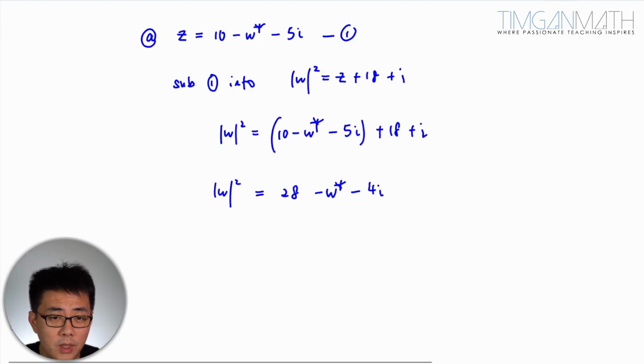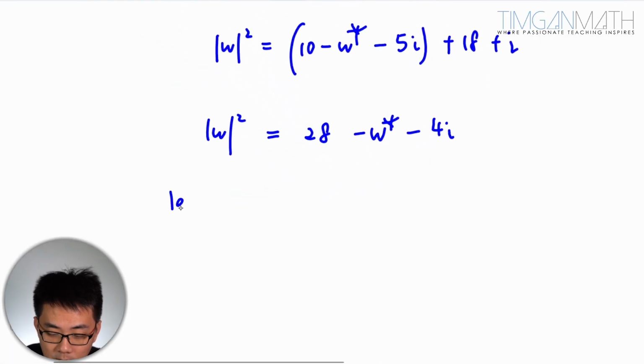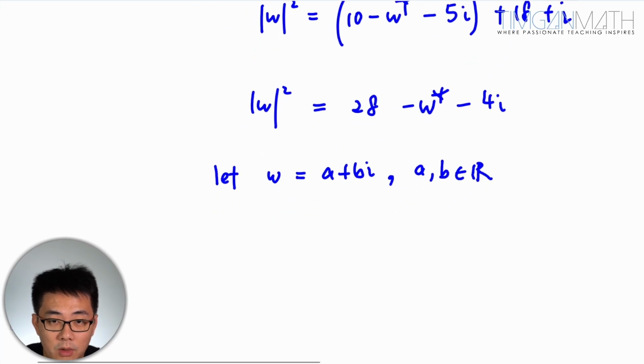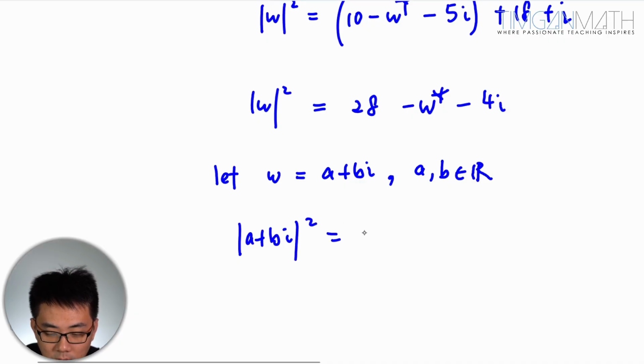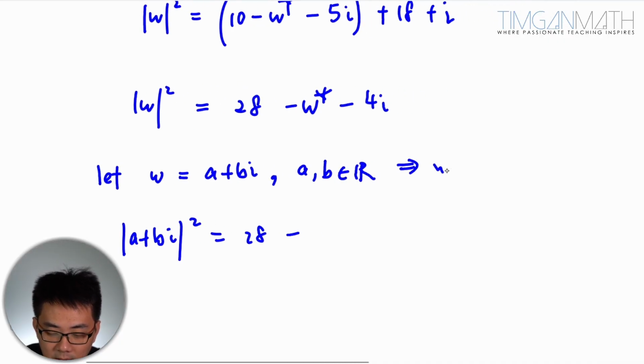Now we have everything in terms of w, so w conjugate and w. So just let w equal a plus bi, a complex number where a and b are real values. This is important: you need these to be real values. Then we replace it in modulus a plus bi squared equals 28 minus w conjugate minus 4i. This implies that w conjugate is a minus bi.